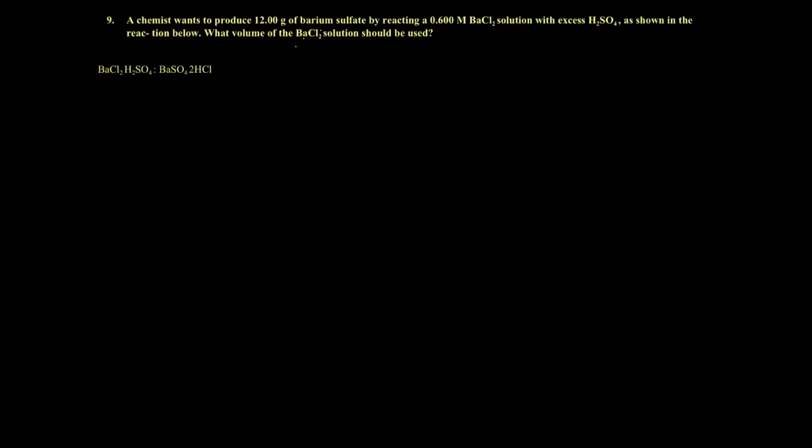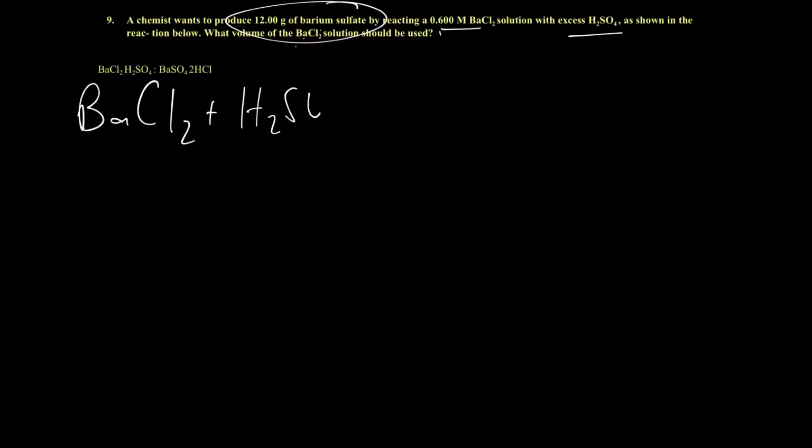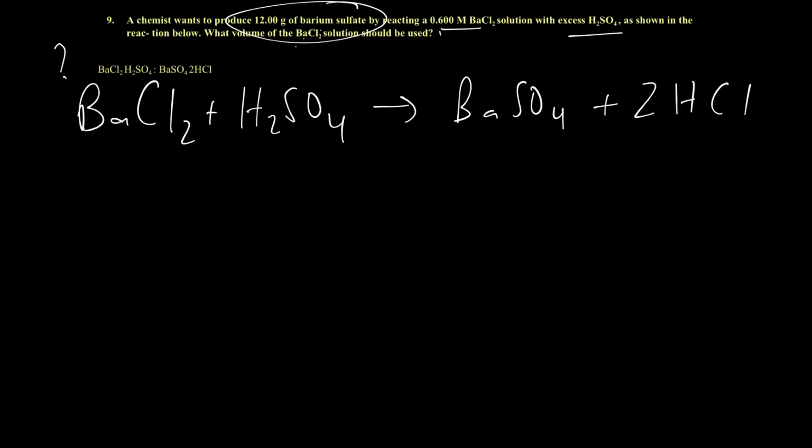Okay, and then a chemist wants to react 12 grams of barium sulfate by taking 0.6 molar BaCl2 with excess H2SO4. So let me rewrite this equation: BaCl2 plus H2SO4 yields BaSO4 and 2HCl. And they want to know the volume, milliliters or liters.